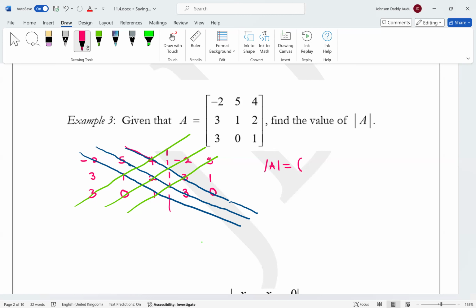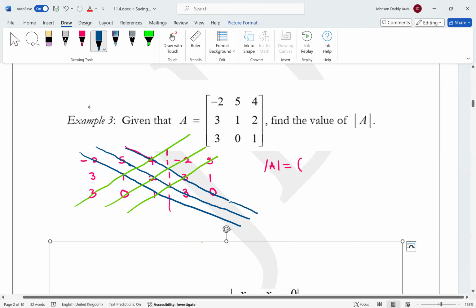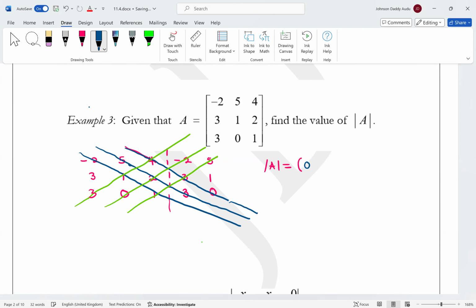So this will be 4 times what? You just see the product here. So this is 4 times 3 times 0. So this will be 0. And here will be plus 5 times, okay, so we have, should be 0.